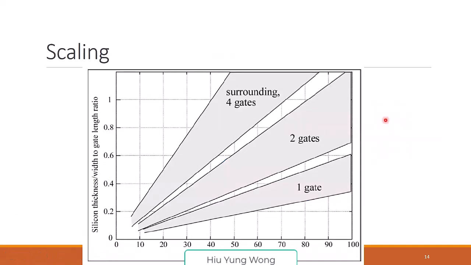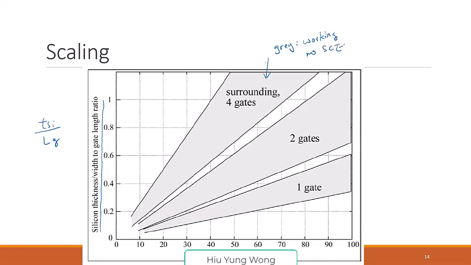Here, I show you the scaling, right? Now, how to read it? Here you're trying to say what is the silicon thickness to gate length ratio. Okay, so it's TSI divided by LG, right? So inside the region, the gray area, it means it is working, or say no short channel effect.